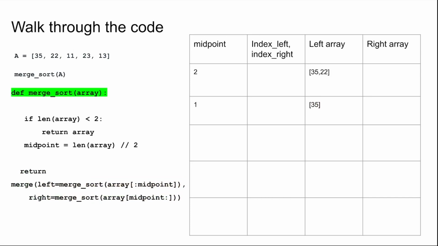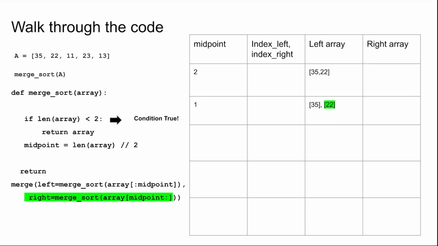Now the left part of the array is going to be 35. Since it's only one element, the length of the array is less than 2. So the condition is true, and a single element 35 is returned.